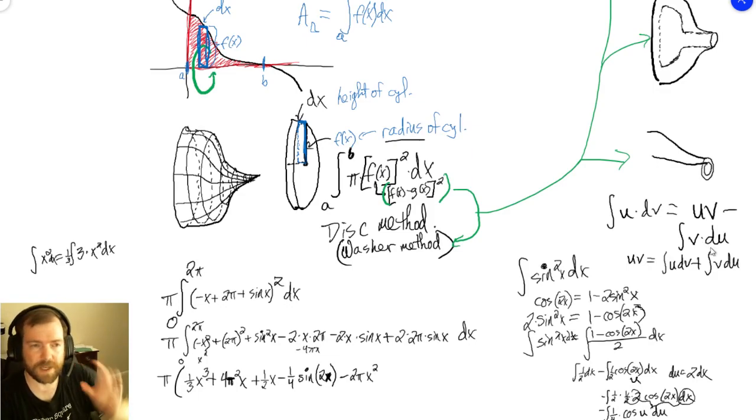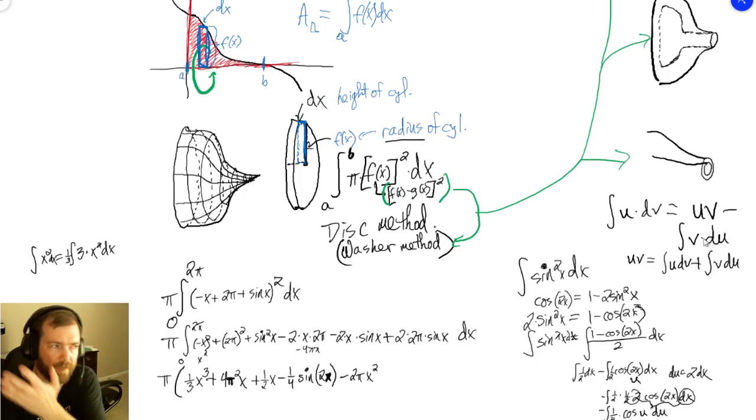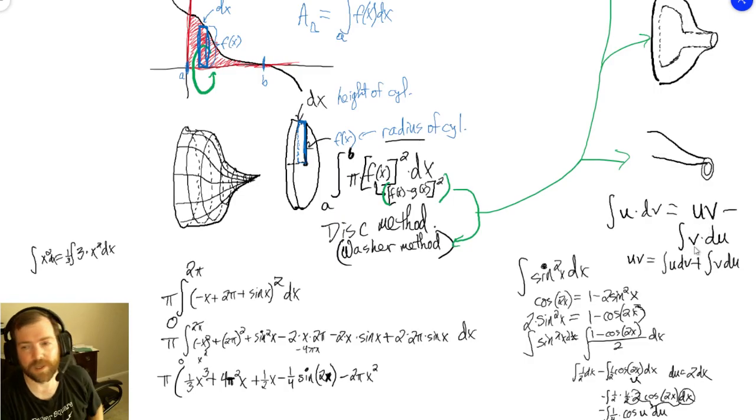So we want to intentionally choose something that is going to make it easier to take the integral. In the case of v, dv is what we have, and then v is going to show up inside of an integral. So it has to be a function that is okay to take the integral on, and it's not going to make things worse.